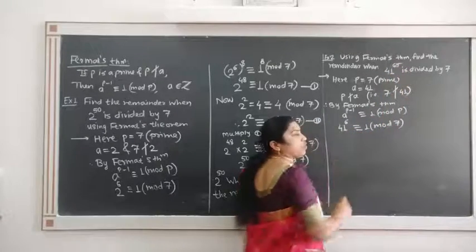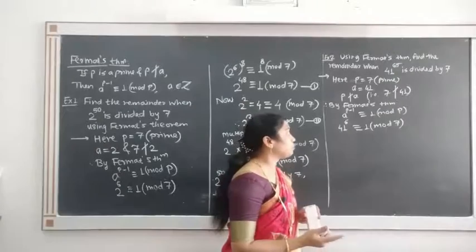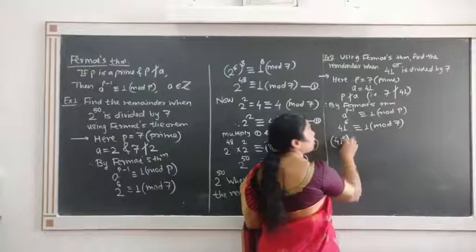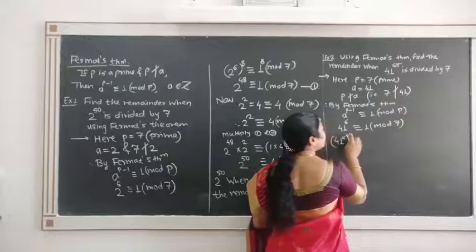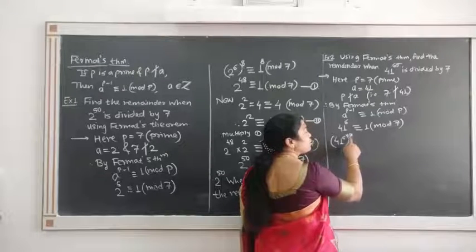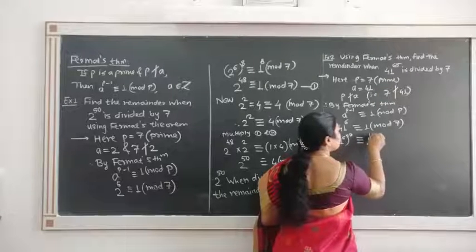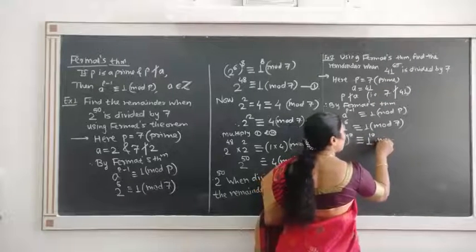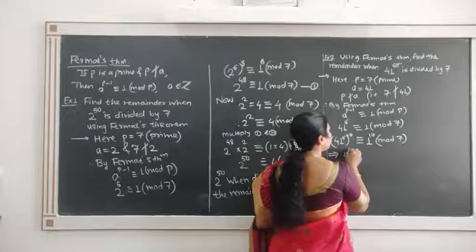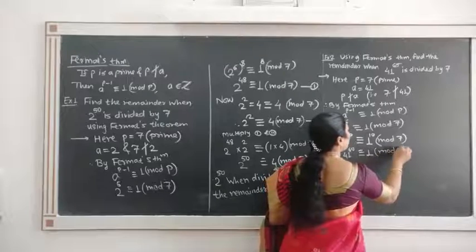So search for a multiple of 6 which is nearer to 65. 6 into 10 is 60, and 60 is the largest multiple of 6 which is nearer to 65. We take both sides raised to 10. So this gives us 41 raised to 60 is congruent to 1 raised to 10, that is 1, modulo 7.